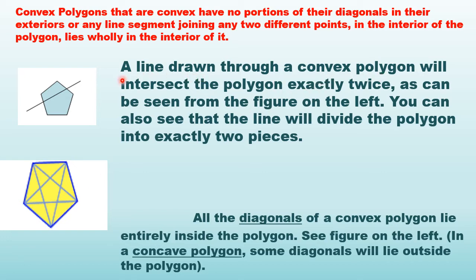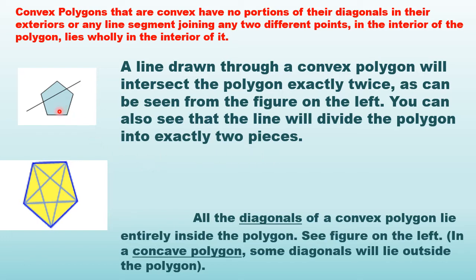Then one more property about the convex polygon is that the line drawn through the convex polygon, through meaning it is cutting in and out, throughout, that line segment will intersect the polygon exactly at 2 points, and it will divide the polygon into two pieces.